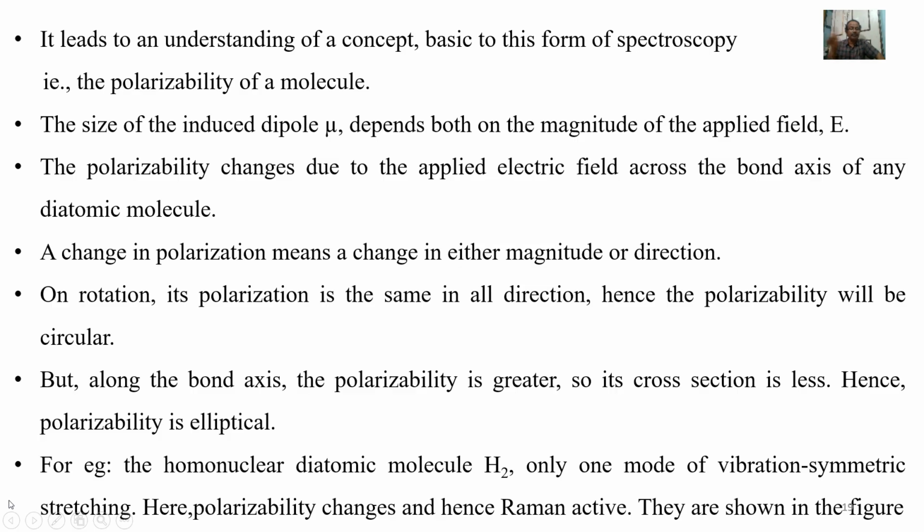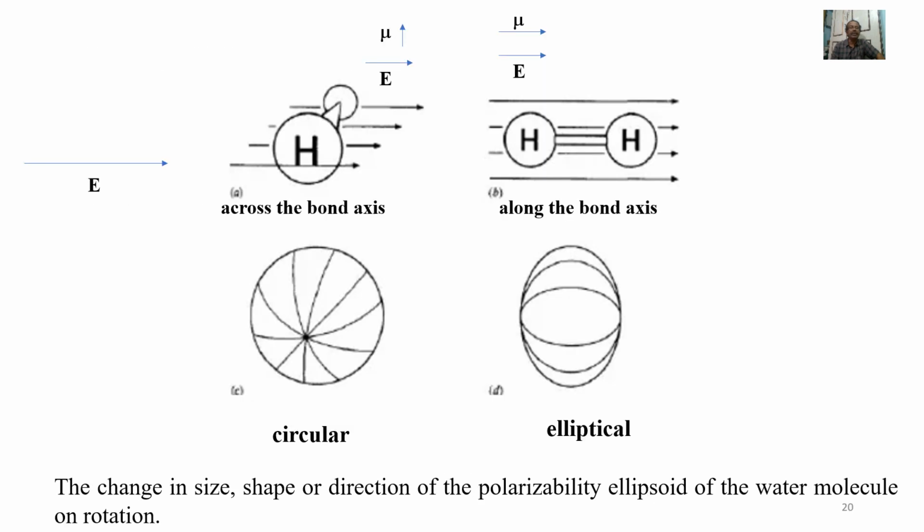For example, we can have the homonuclear diatomic molecule H2, with only one mode of vibration, symmetric stretching. Here the polarizability changes and hence it is Raman active. They are shown in the following figure. So we have the H2 molecule here, and the electric field is applied in this direction, whereas the dipole moment is in this direction. So this is across the bond axis.